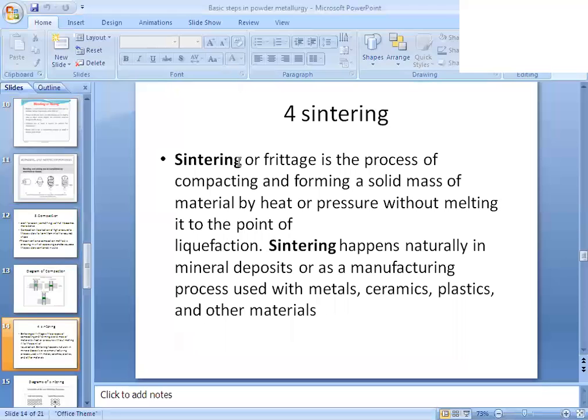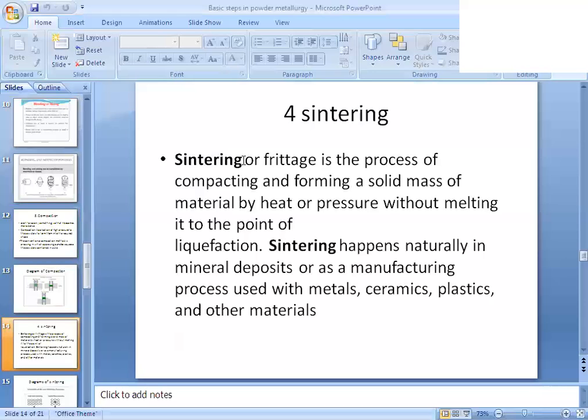Sintering means the powder particles are going to be converted into atoms or particles attached one over the other. Let me read: sintering is the process of compacting and forming a solid mass of material by heat or pressure without melting it to the point of liquefaction.